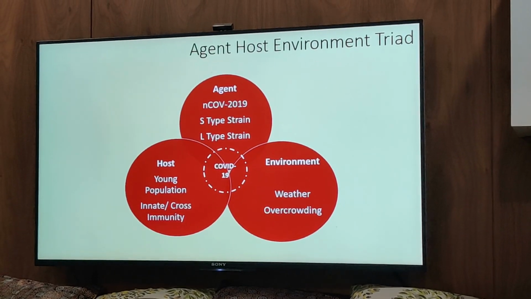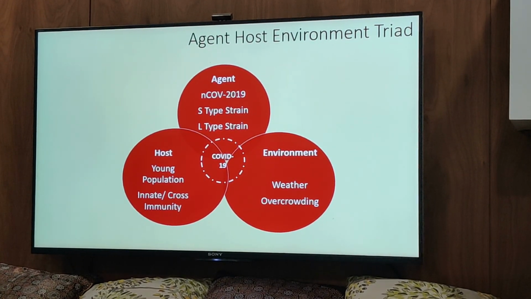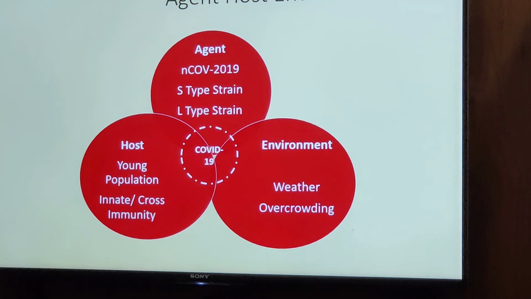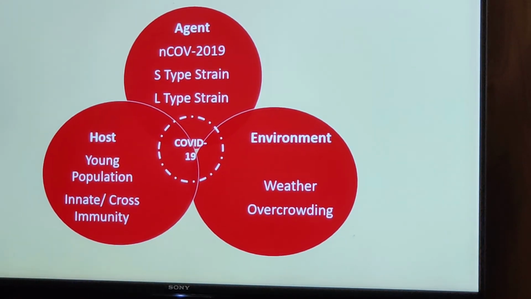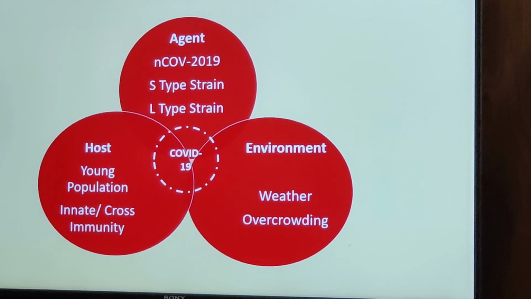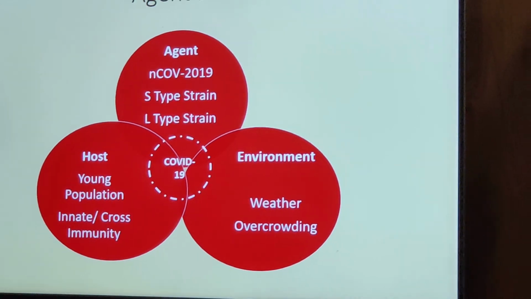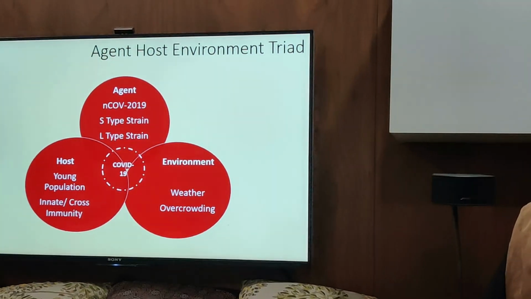Then let's look at the environmental factors. The host and the agent interact not in a vacuum but in an environment. And what's the environment like? One factor which is a big unknown is weather, because it's a novel virus, we don't know how it behaves in different weather patterns and seasons. So we don't know how it's going to behave in April and May.